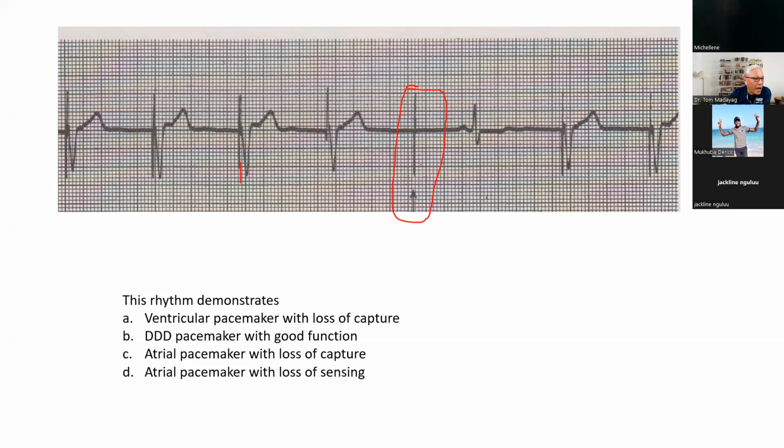So again, loss of capture means to say that there is an electrical current that was produced by the pacemaker. However, the musculature of the ventricles did not respond to that electrical stimuli. And this usually is because there is an insufficient amount of electrical current being delivered.